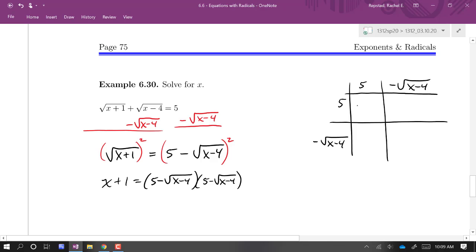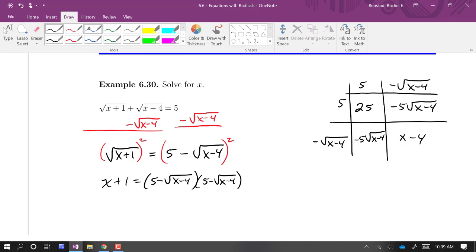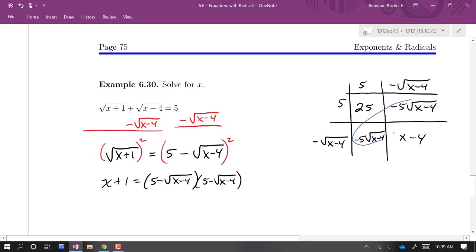So along that top row, we got 25 and then negative 5 radical x minus 4. In the bottom row, minus 5 radical x minus 4, and then a positive x minus 4. We have like terms along this diagonal. And we have some like terms along the other one, right? The 25 and the minus 4.